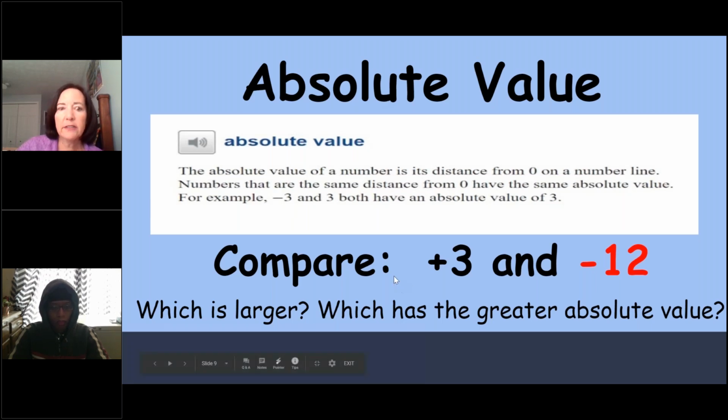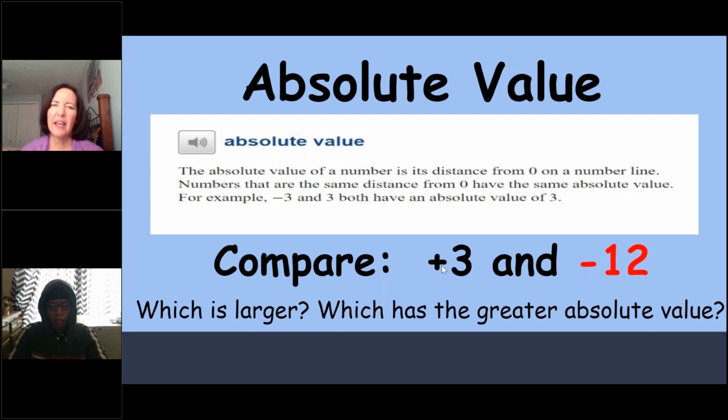So I wanted to kind of talk about this for a second. You're going to be asked to compare lots of different numbers. And for instance, if we're comparing a positive 3 and a negative 12, you might be asked, which is the larger number? The correct answer to that is that positive 3 is a larger number than negative 12.